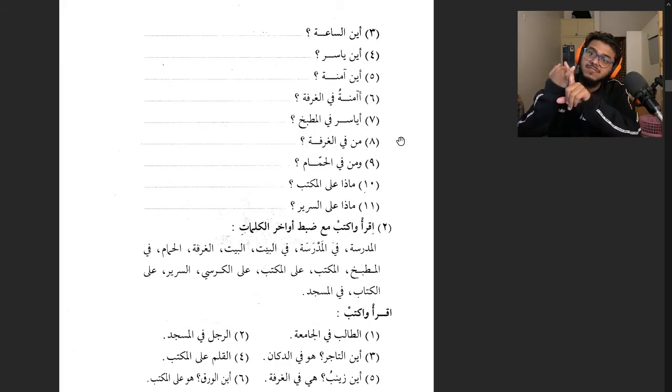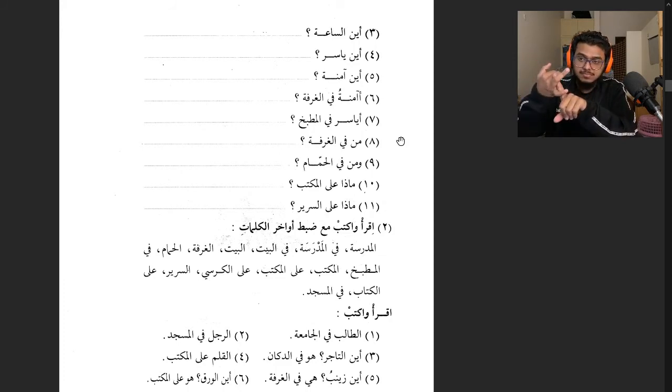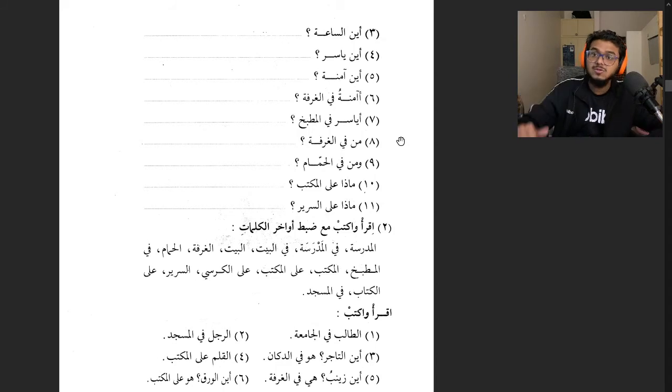So even if it doesn't have ta marbuta in it, it is muannath. For example, Maryamu, Hindun, Hind bint, right? Hindun, muannath. Maryamu, muannath. So any female name is muannath. Any name that is used for females, even if it doesn't have this closed ta marbuta in it.